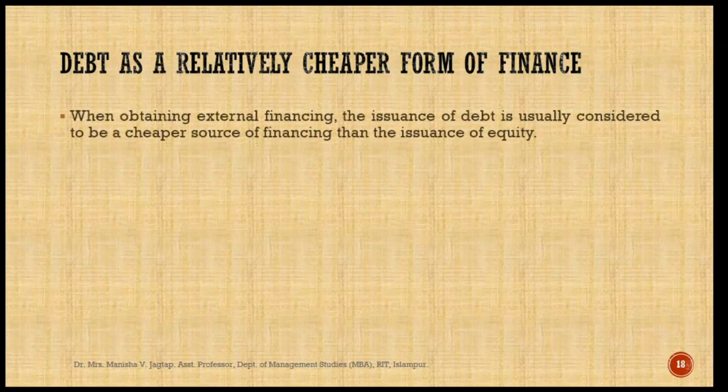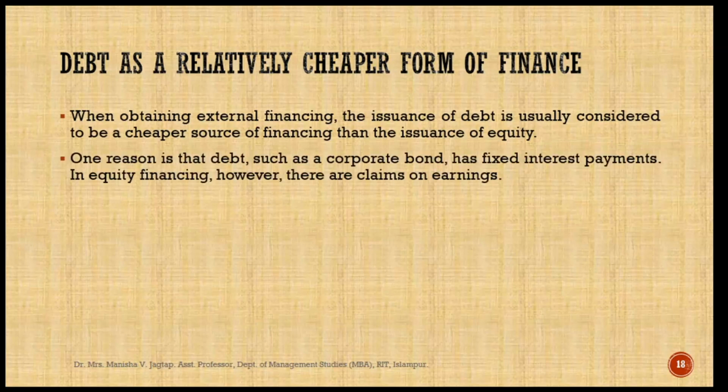When obtaining external financing, the issuance of debt is usually considered to be a cheaper source of financing than the issuance of equity shares. One reason is that debt, such as a corporate bond, has fixed interest payment, while in equity financing there are claims on earnings.